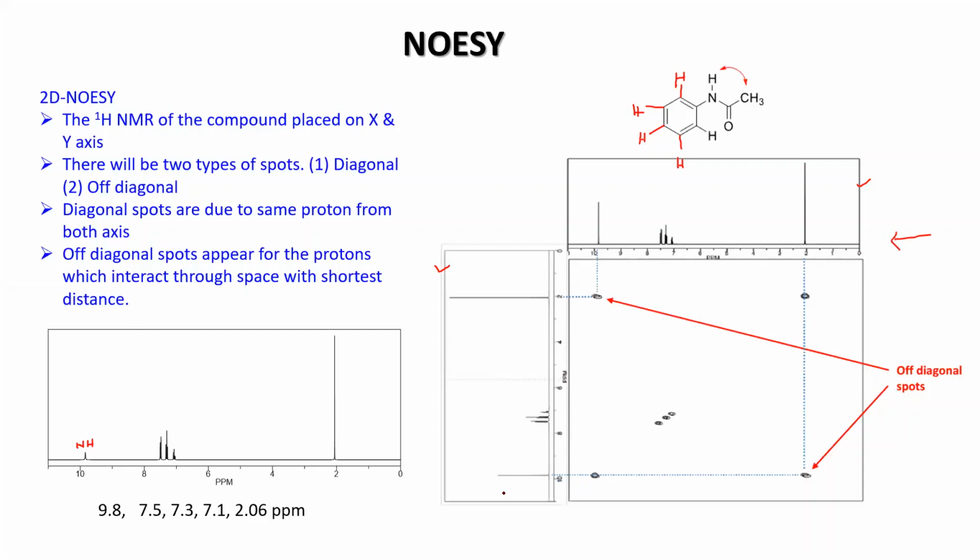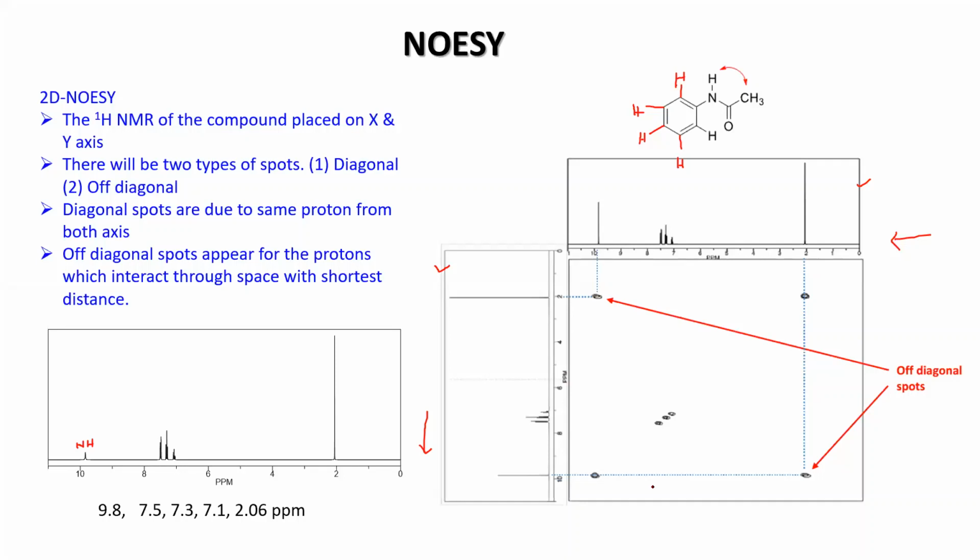Now if you do that, we see the diagonal spot. So these spots are diagonal. Are you getting the diagonal spot? Yes or no? Yes, sir. So off diagonal spot means this is off diagonal spot. These two spots are off diagonal spots.